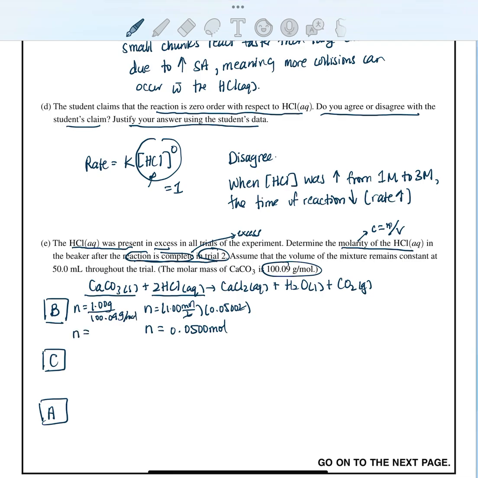So I have moles of CaCO3, and by the way, the calcium carbonate is my limiting reactant: 0.00999 moles. So when it comes to the change, because the calcium carbonate is my limiting reactant, all of it reacts. So after the reaction, I have 0 moles of calcium carbonate. It's my limiting reactant, so it gets fully consumed.